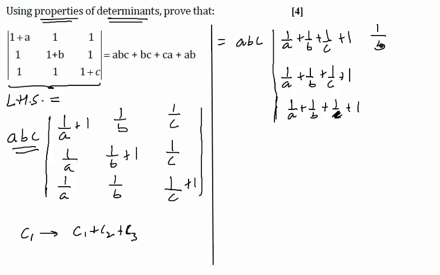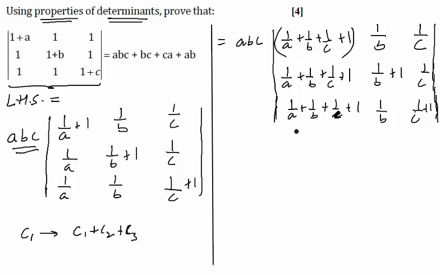And the other two columns will remain as they are: 1 upon B plus 1, and 1 upon B, and the third is similarly 1 upon C, and 1 upon C plus 1. So these are the values that we get. Now the best idea would be to take this value common from the first column. So this will lead to a very simple determinant.